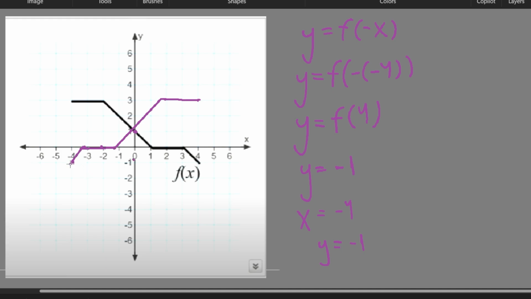I hope this graph looks nicer than the other ones. So f of x has been transformed, and the transformation is that we have reflected it in the y-axis. So whenever you're affecting the x values, like this type of y equals f of -x, then it's going to be reflected in the opposite axis. So in this case, the y-axis.